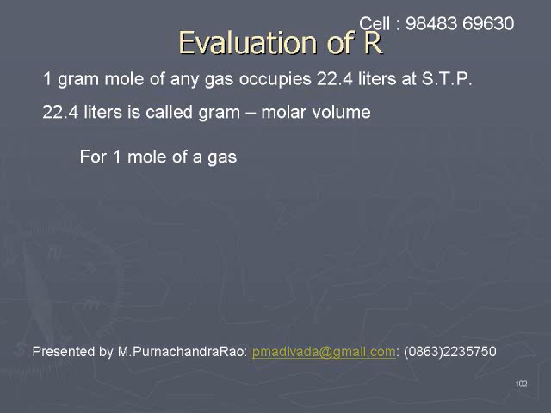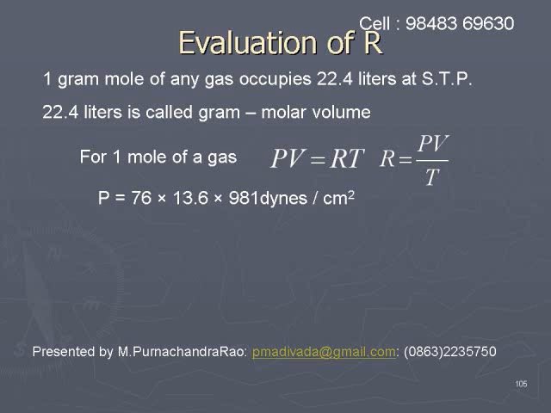For 1 mole of a gas, the relation is PV is equal to RT, where R is equal to PV by T. So, we can substitute the values of P, V and T and can find the value of R.